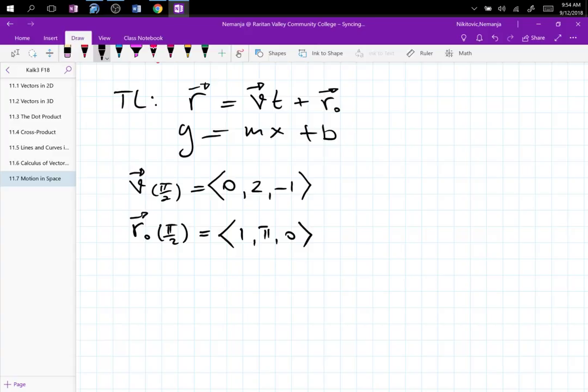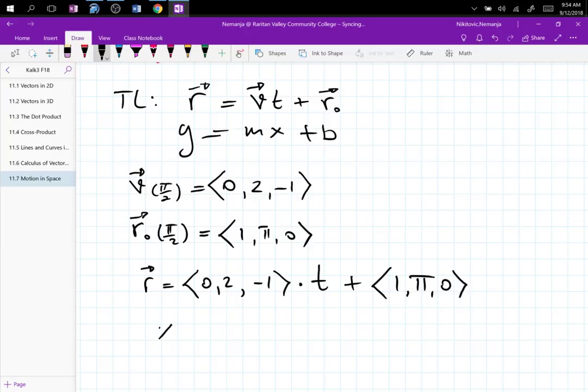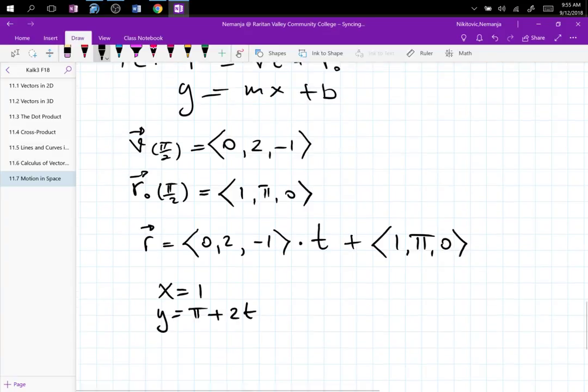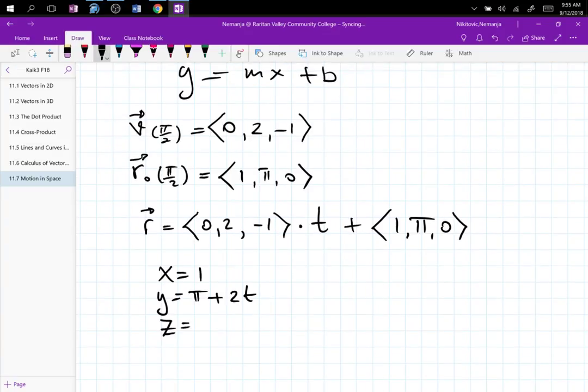The location at which there will be a tangent line, and the velocity at that point, which gives me the slope. So my vector r is going to be 0, 1, negative 1 times t plus 1, pi, 0. What is my tangent line? It's x equals 1, y equals pi plus t, and z equals 0 minus t. This is the tangent line.